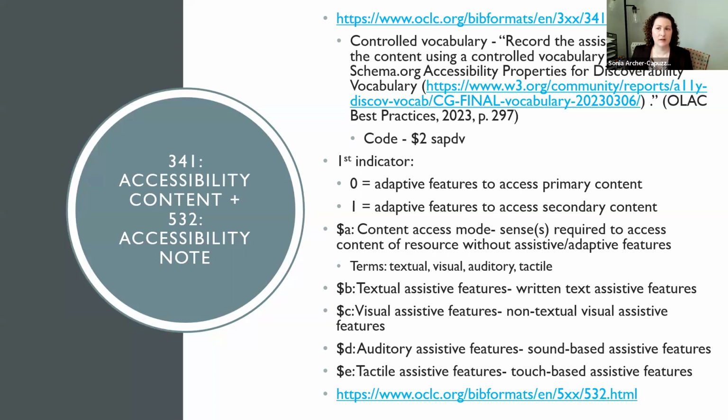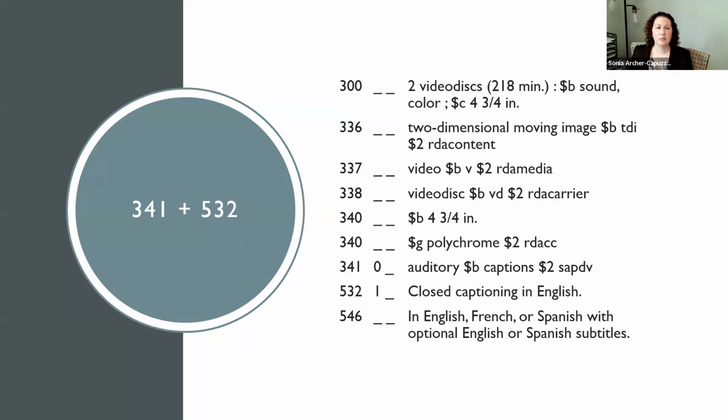So this could end up looking something like this portion of a record where we have a couple of DVDs and we have a 341, first indicator 0. So this is for access to the content on the resource itself.